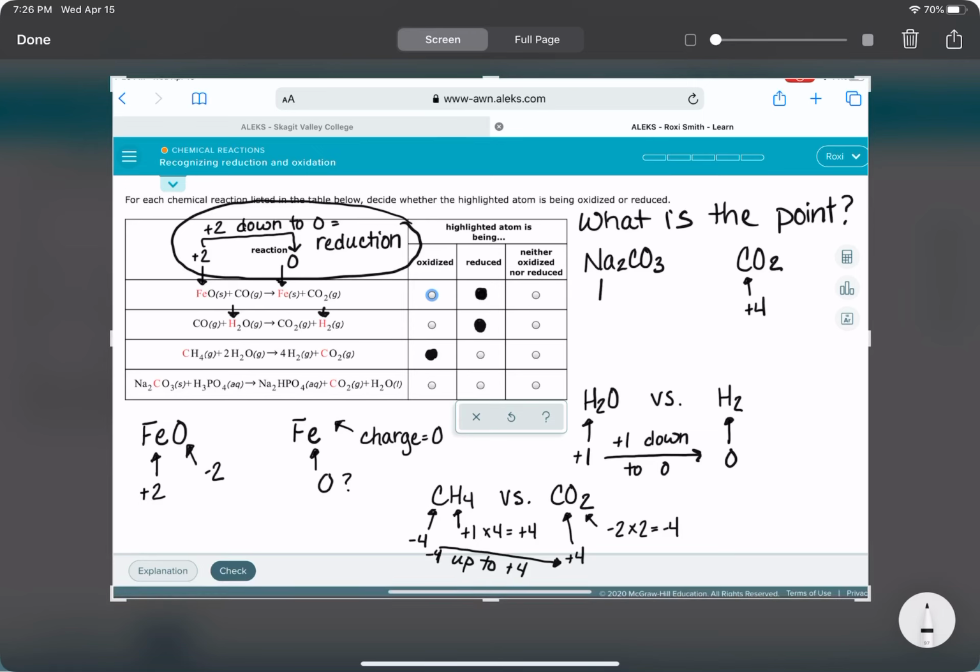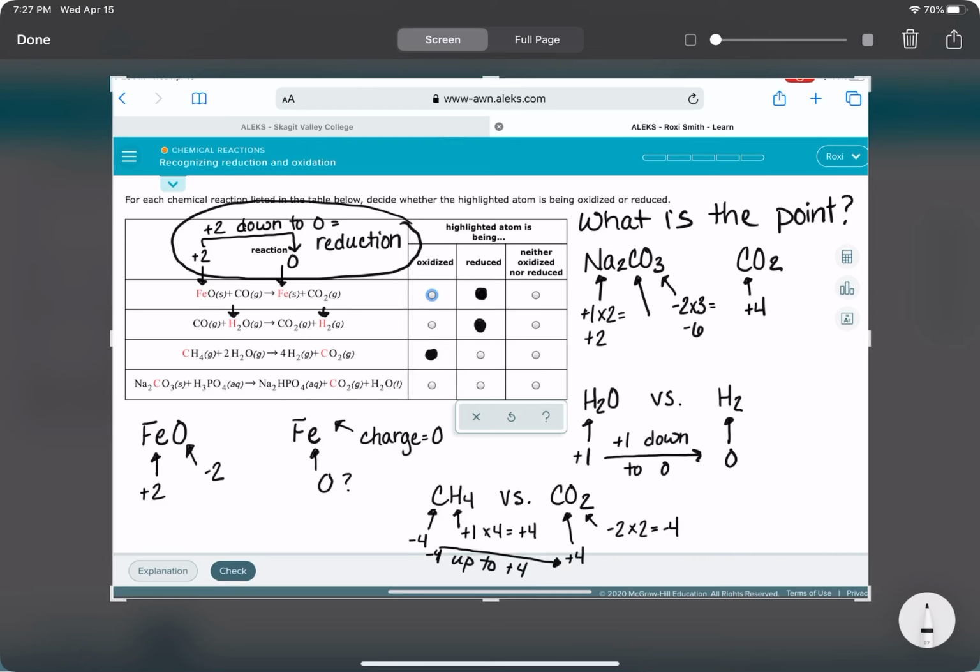Well, we know that sodium is a +1 ion, and there are 2 of them, so altogether that's a +2. And we know that oxygen is a -2 ion, and there are 3 of them, altogether is a -6. And our carbon plus the sodium plus the oxygen has to add up to 0.